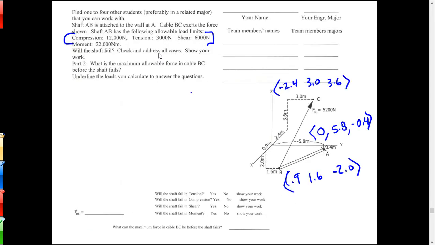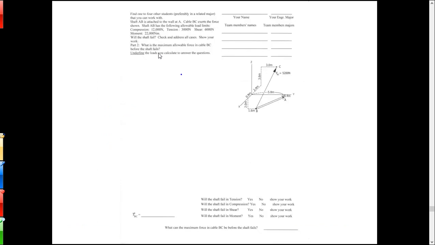So what we're going to do here is look at this rod. It's attached at A. We've got a cable that goes from B to C that pulls on the rod. We've got the coordinates here of the different points, and we have some specifications for the shaft AB.